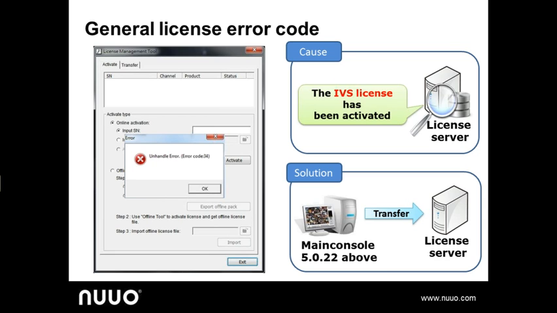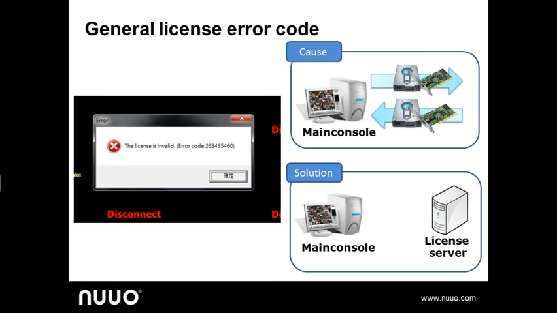So, if you encounter this issue, please upgrade the main console to version 5.0.22 or above. This version supports the IVS license transfer function. If you cannot upgrade the main console to this version for a special reason, please inform us, then we can help you transfer the IVS license from the main console and reset it on the license server.